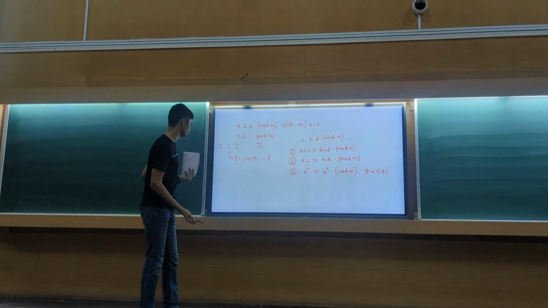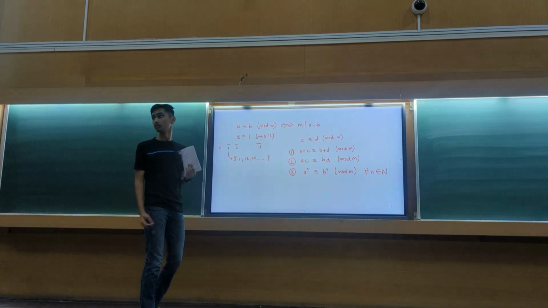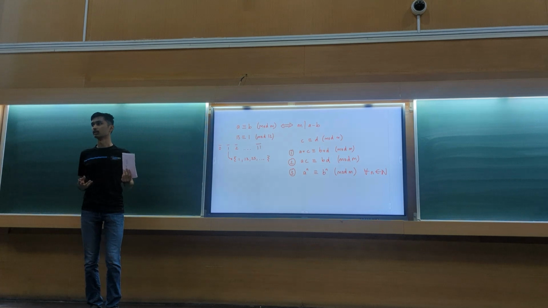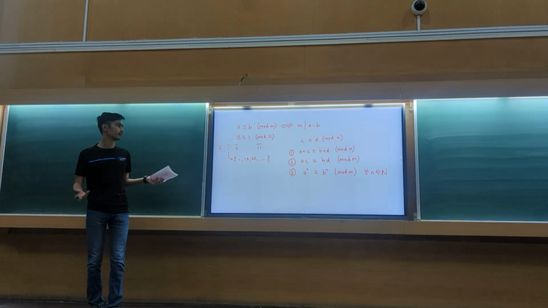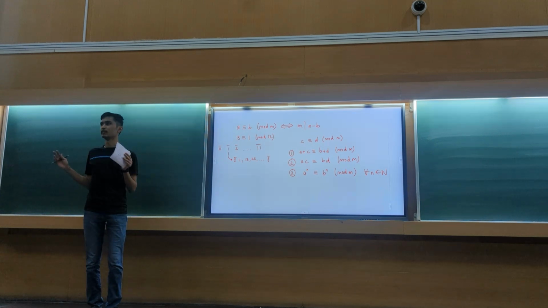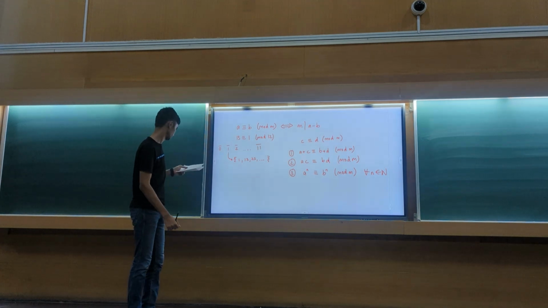Those are the residue classes when you are considering mod m. It is basically a set of elements which leave the same remainder when you divide by m. Yeah.